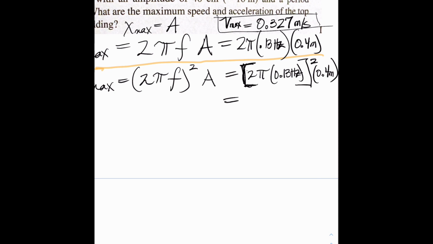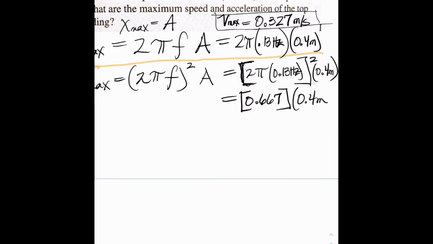2 pi times 113. So inside this bracket here, I'm getting 0.667 approximately. And the units would be, a hertz is per second, right?